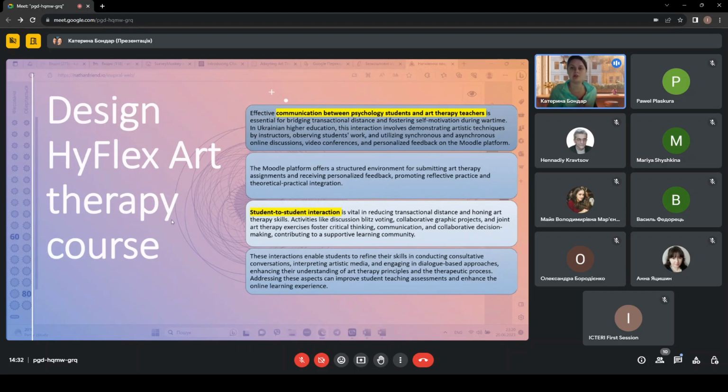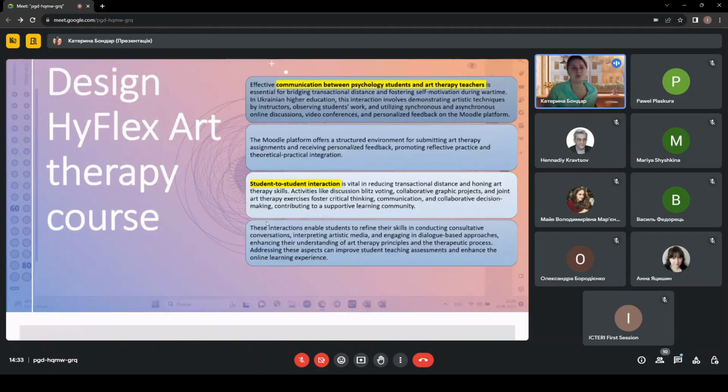And after that we use a theoretical topic, and this student-to-student interaction gives us a really high level of participation in the course. Now it's a really friendly type of course. Art therapy is super popular with students, but still, if we use just theory, we can create a super boring course.